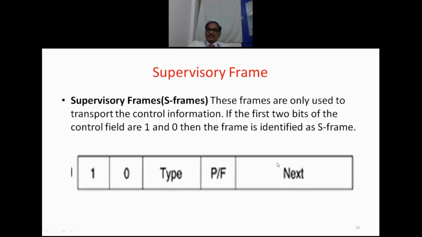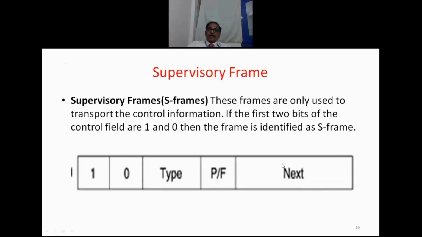So type 3 means selective reject or selective repeat. This frame only I have not received properly, only send me this. Whatever you sent after this, you need not send now. Only this I want again. That is the meaning of this.